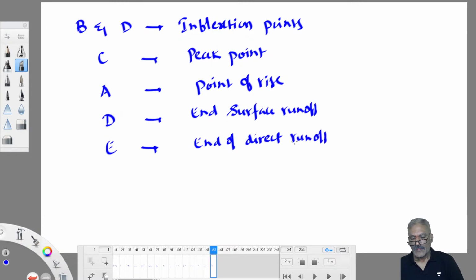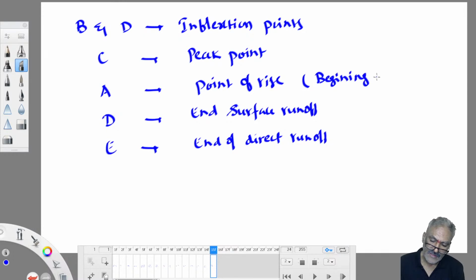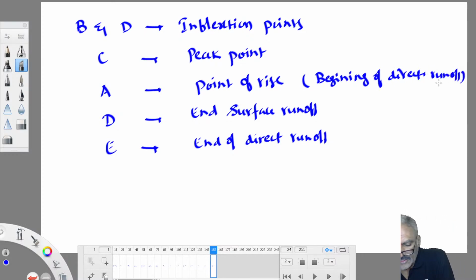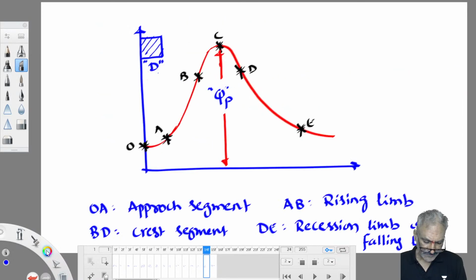Okay. Point of rise means this is the first drop, beginning of direct runoff. So, direct runoff joins first at point A, that is surface runoff. So, end of direct runoff is at point E. Then if you see this horizontal axis, from the point A, joining of the direct runoff, to the end of the direct runoff, that time interval is called base time, TB.